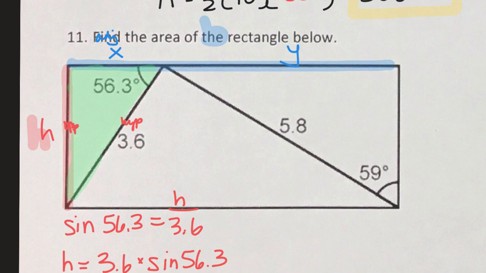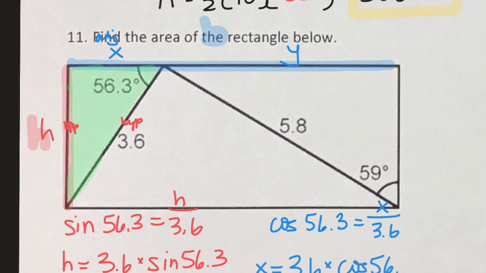Well, it's the only other side left, and that's the adjacent side. So the adjacent side is the cosine. So cosine of 56.3 equals adjacent side X over hypotenuse 3.6. And once again, because the variable is on top, we're going to multiply in your calculator. And whatever that gives us, that's X.